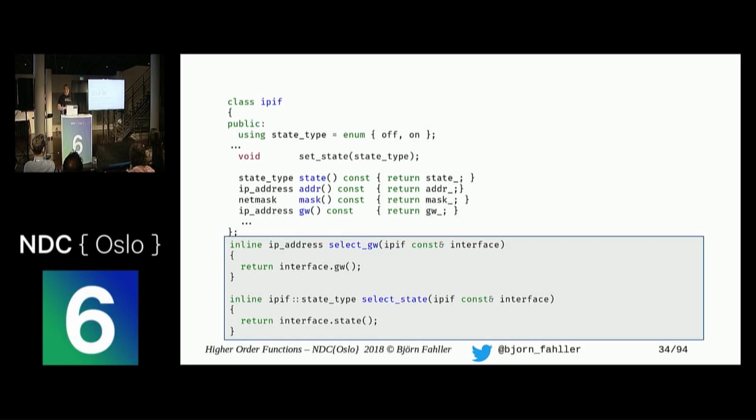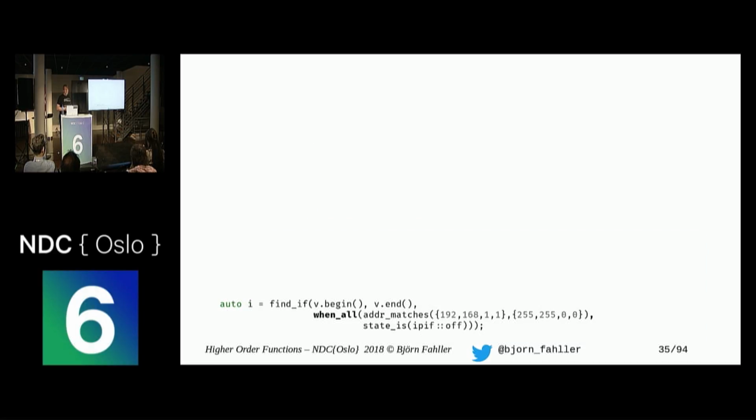And then, of course, we add the other necessary functions, select gateway, select state, select mask, or what have you. So I'm now sort of venturing into the realm of insanity here. Bear with me, there is a purpose for it.